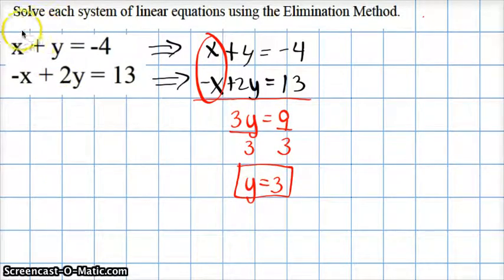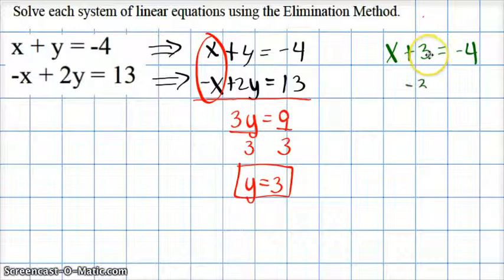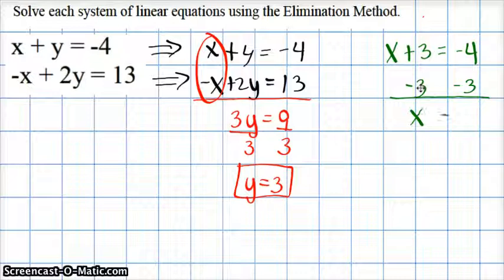Once again, going back to the original equations to solve for the second variable, we would rewrite the equation as x plus 3 equals -4. 3 is substituted in place of y. Undo the equation by using inverse operations, subtracting 3 from both sides, and we would get x equals -7.